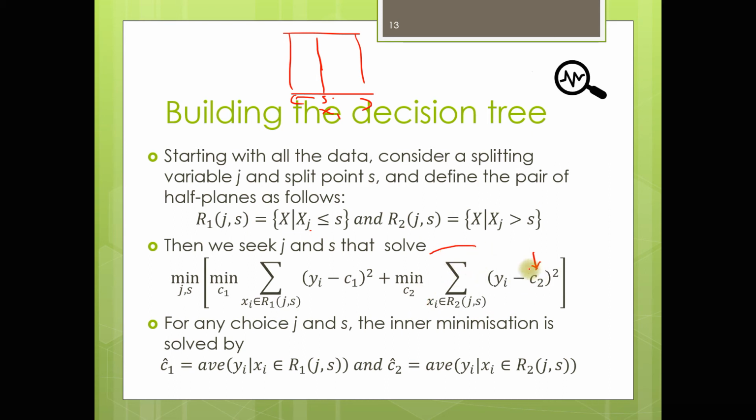I want to minimize this sum of squares with respect to C2, which means I need to find a value of C2 that will minimize this sum of squares. Of course, within this half plane here.